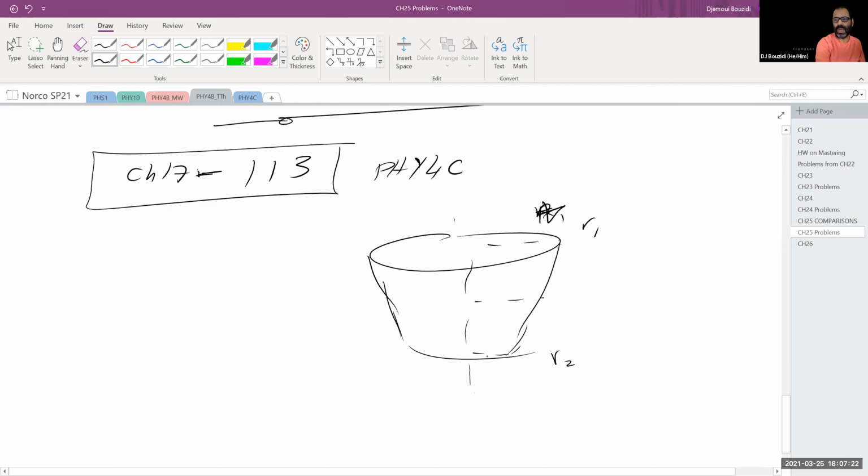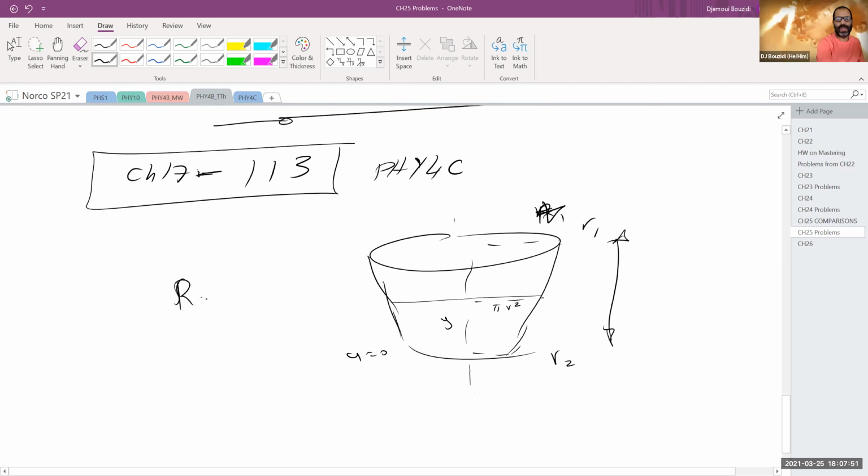So if we start counting from this point y equal to 0, and this is point y, the area, which is pi r squared, is going to change from r2 to r1 or vice versa. They call it r2 and r1, and the height is also given as h. So as you go from y equal to 0 all the way to h, the area changes from pi r2 squared to pi r1 squared, okay?